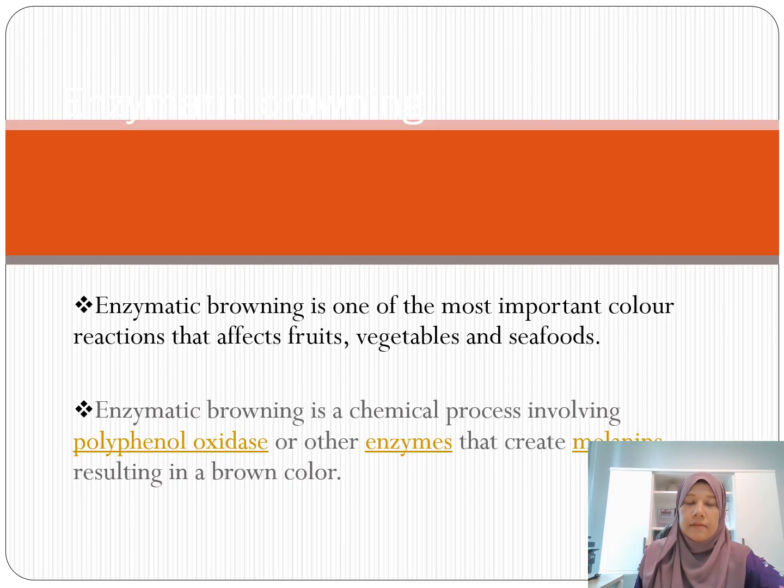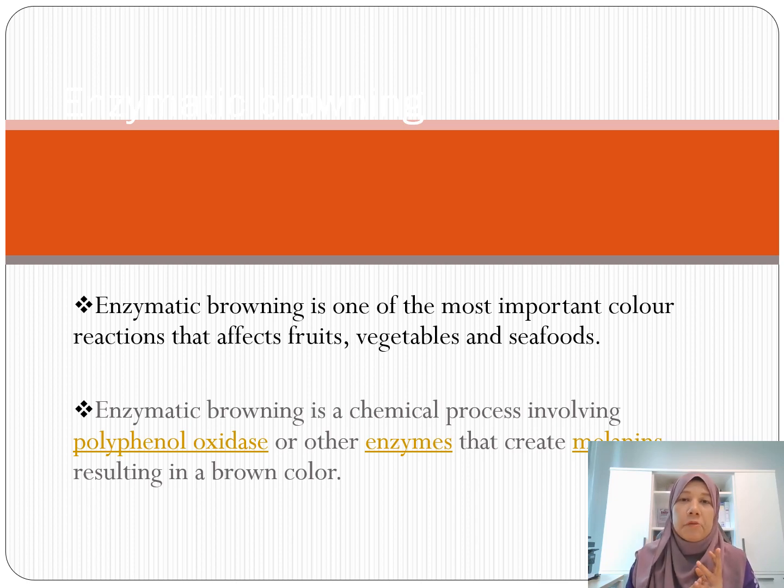So next we continue our topic on enzymatic browning, or browning. Browning is actually the process whereby your food becomes brown in color, changing from the natural color to brown. There are two types of browning process.